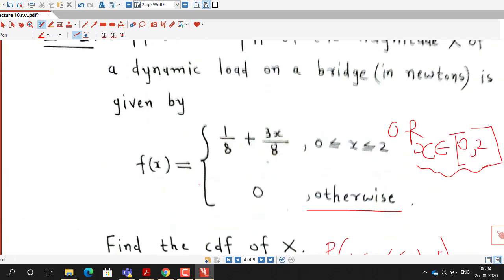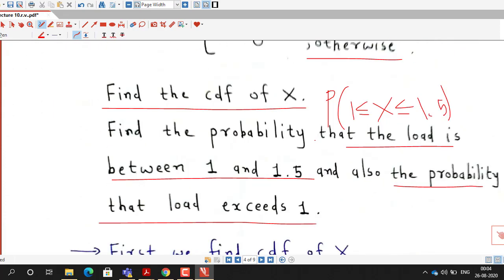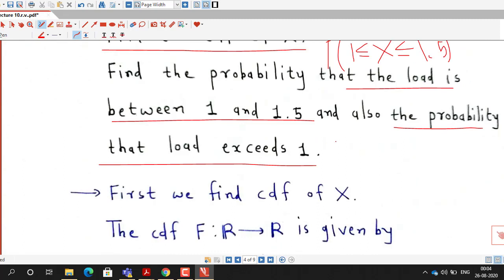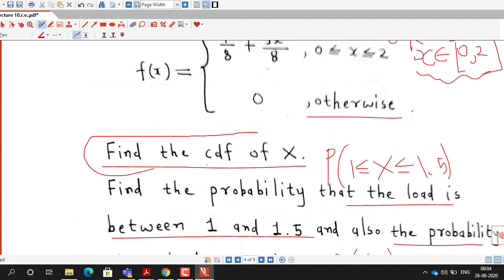Here capital X is the random variable which represents the dynamic load on a bridge, and the probability that the load exceeds 1 is given by the probability that capital X is greater than 1. So before going for these probabilities, first we find the cumulative distribution function.